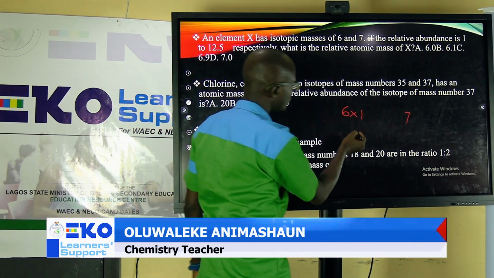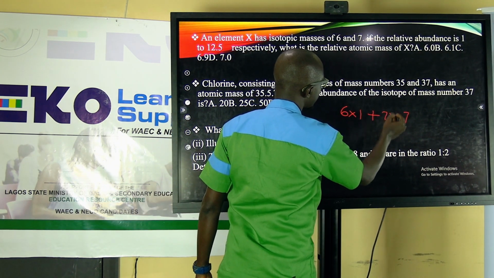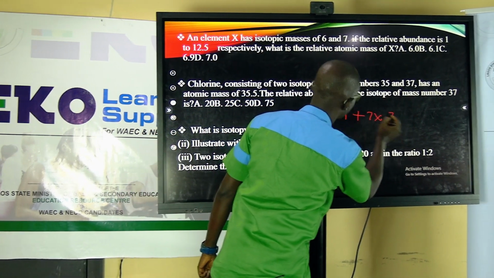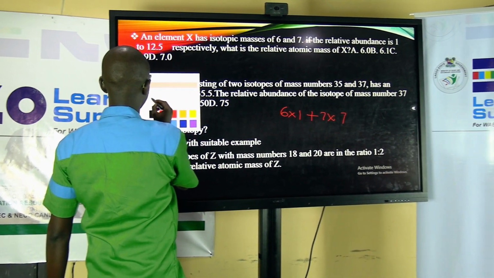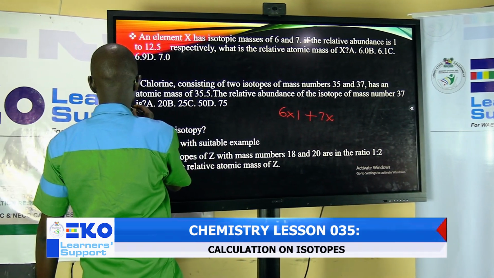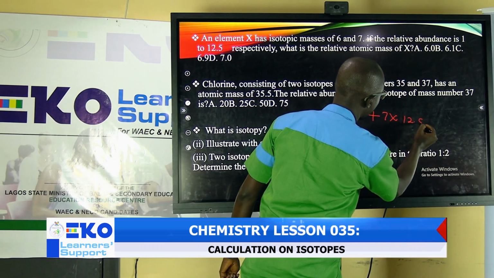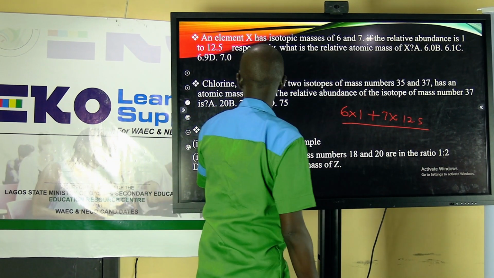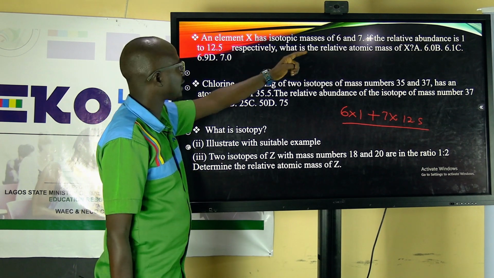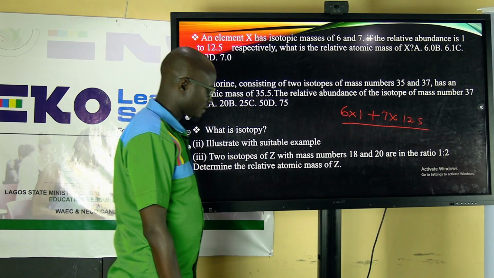So we'll say 6 times 1 plus 7 times 12.5, divided by the addition of the abundance. We have 1 and we have 12.5. If I add 1 and 12.5 together, students, what will I get? I'll get 13.5.